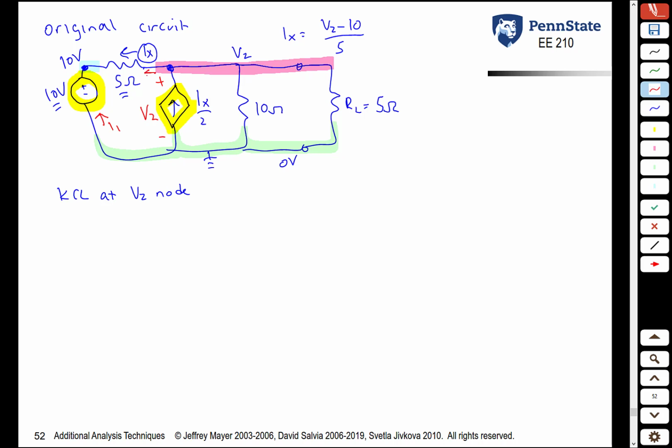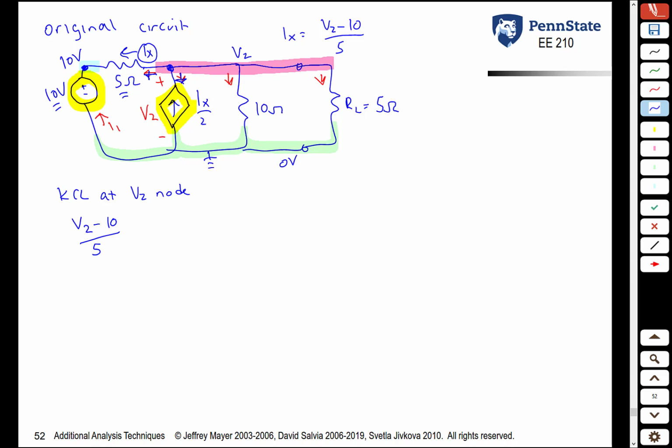We're basically summing up that current plus that current plus that current plus that current is equal to 0. The current to the left is Ix, but once again, we don't want to call it Ix. We want to replace it by its expression that only uses V2, V2 minus 10 over 5.